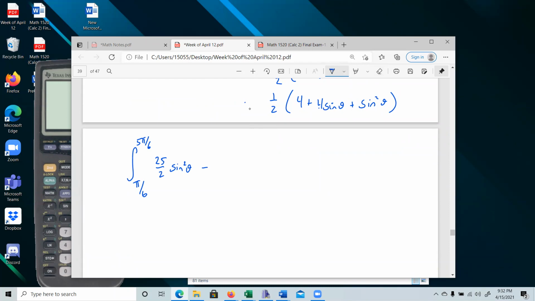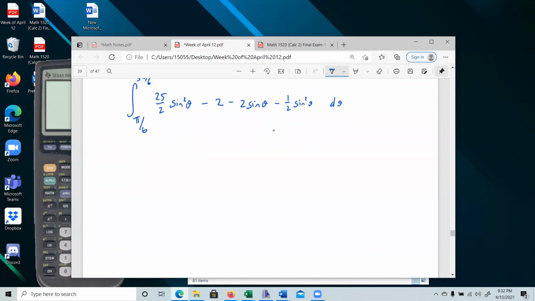So it's going to be minus 2 sine theta minus 1/2 sine squared theta. I just multiplied the 1/2 in here and factored the negative sign in there as well, mostly because I want to do this: 25 over 2 minus 1 over 2 is 24 over 2, which is a fancy way to say 12.